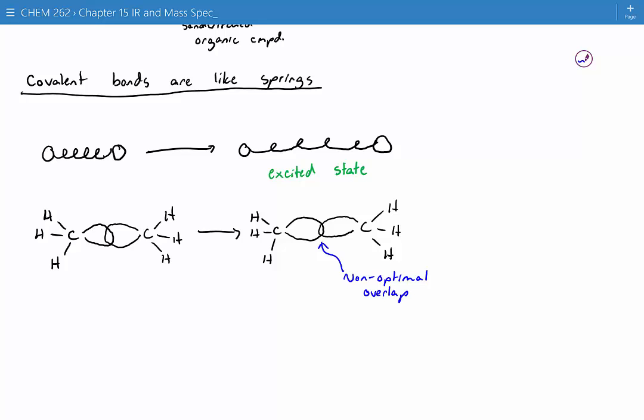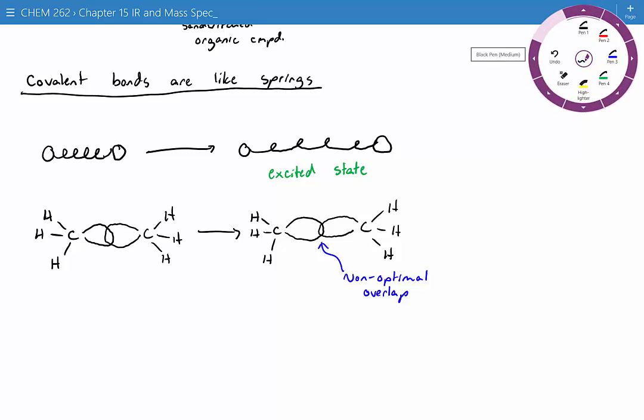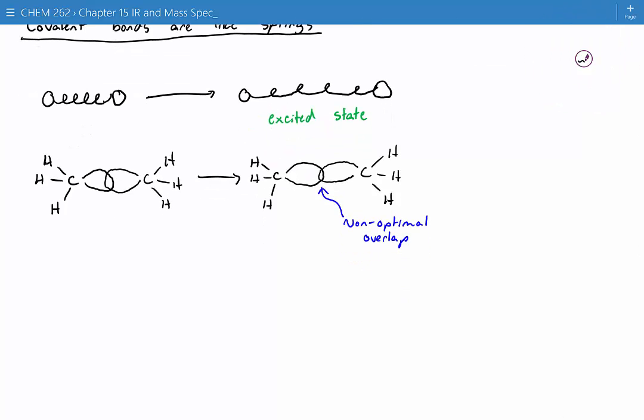You can do this two ways. You can either stretch it by pulling them apart or bend them out of plane in some way so that you're getting a bending sort of vibration. So we've got two main modes of vibration, or I'll call it excitation.